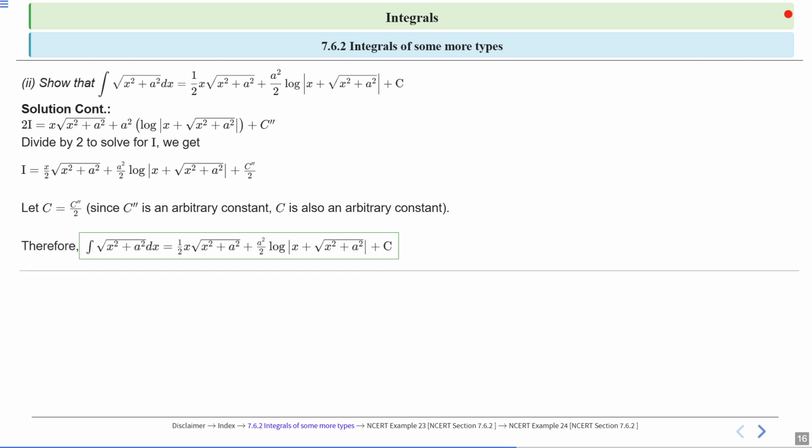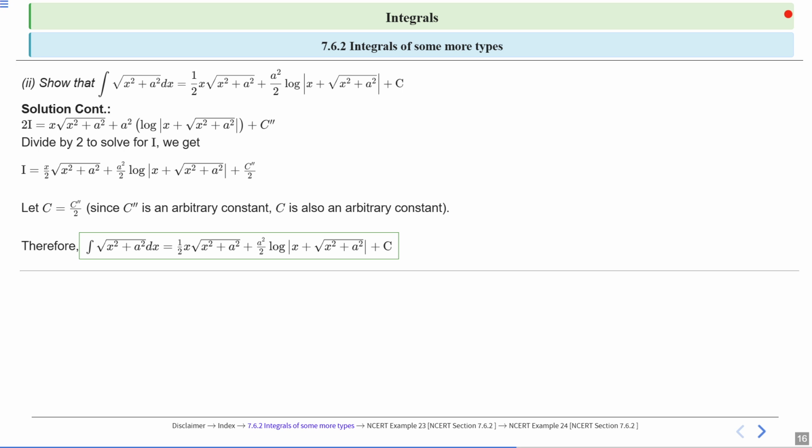Therefore, integration of root under x square plus a square dx is x by 2 into root under x square plus a square plus a square by 2 log mod x plus root under x square plus a square plus c. So to remember this formula, we can use a trick.